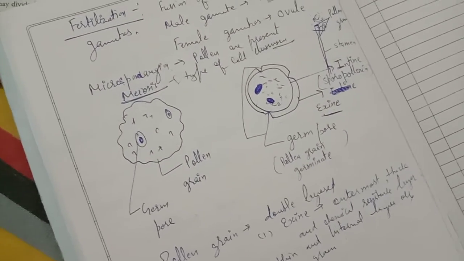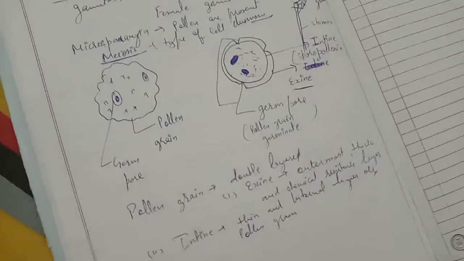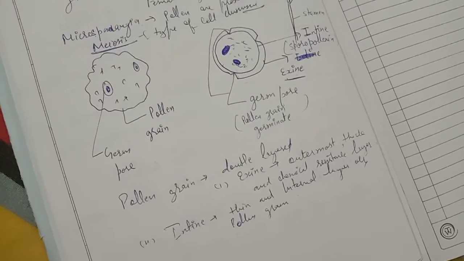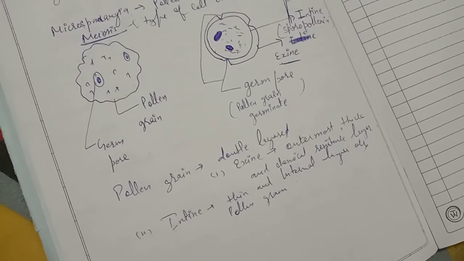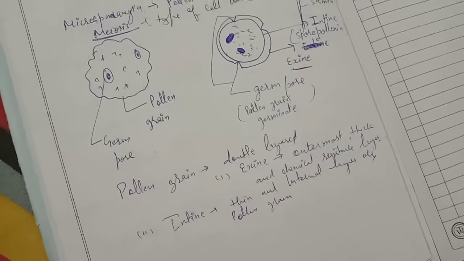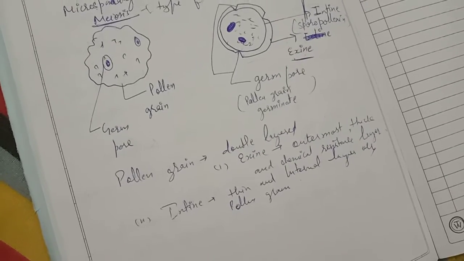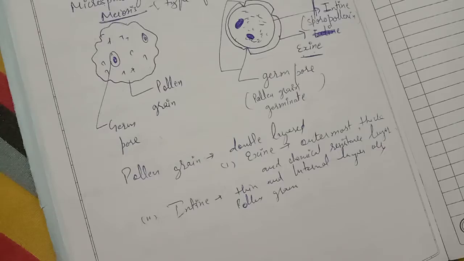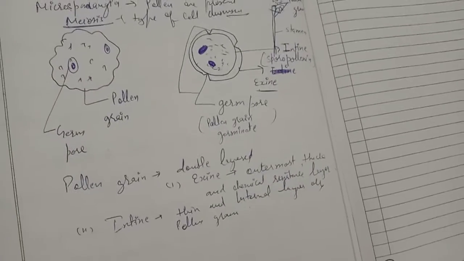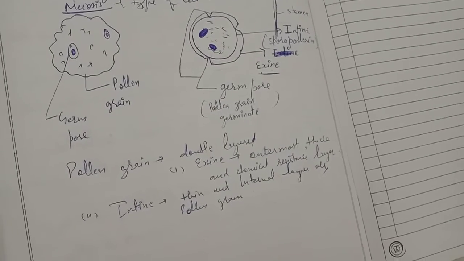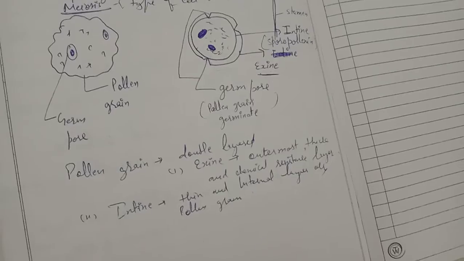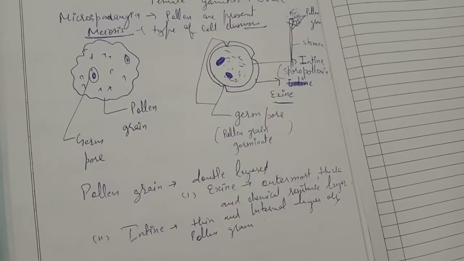Then they start germinating and fuse with the ovules inside the ovary. When the fusion of both takes place, then fertilization takes place. After fertilization, zygote formation occurs and many changes occur in the flower.